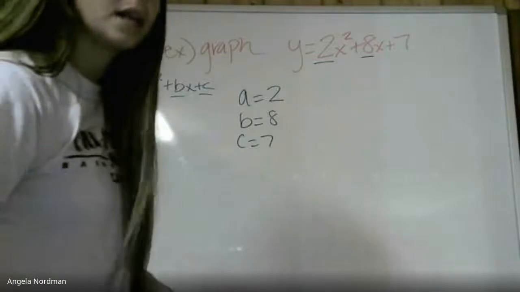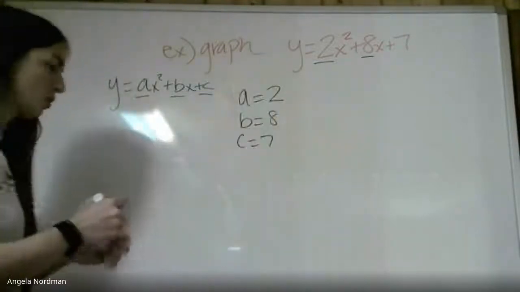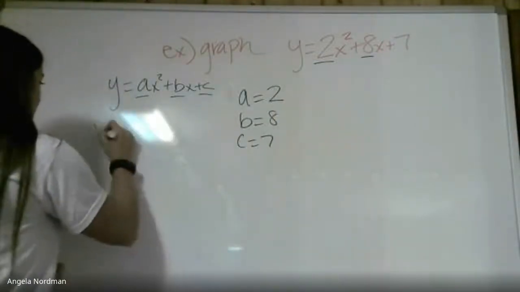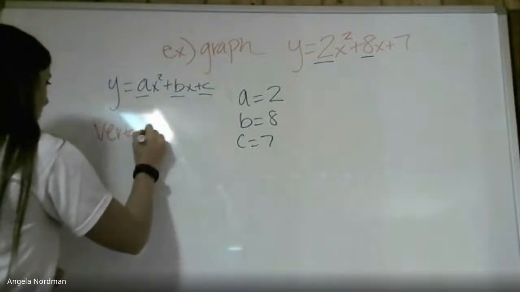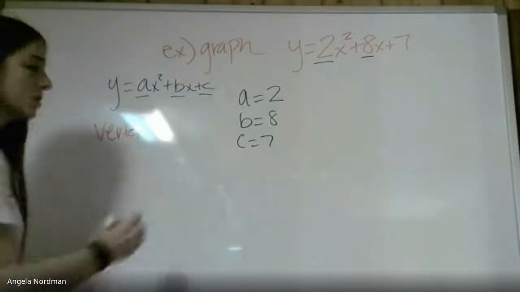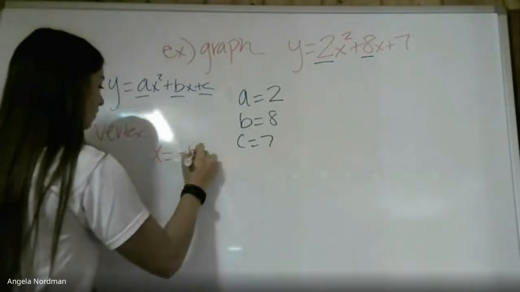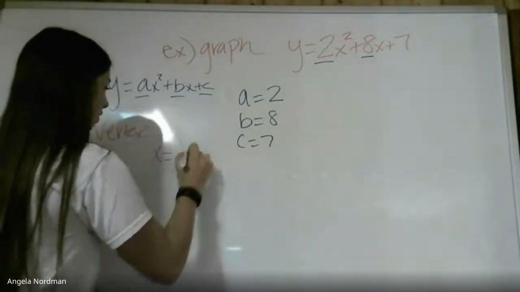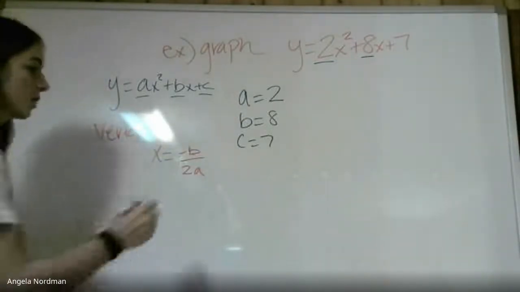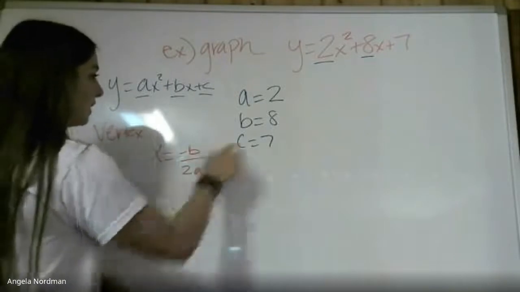Okay, so now I can use that information. I know in order to find my vertex, I use the fact that x equals negative b over 2a. So I say, all right, I know my b is 8.